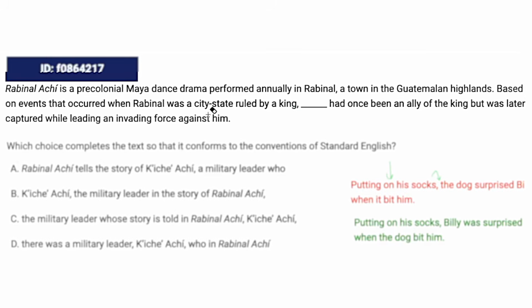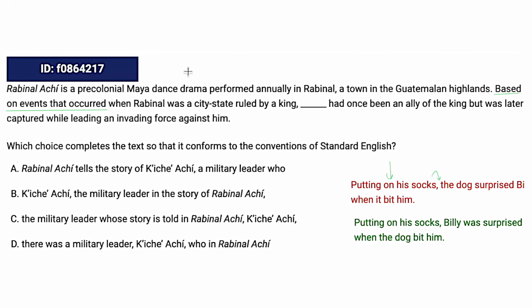"Based on events that occurred when Rabinal was a city-state ruled by a king," based on events. So whatever starts our answer should be something that is based on events that occurred. So it's probably not a person, right? Let's figure out what's going on in context. Rabinal Achi is a pre-colonial Maya dance.